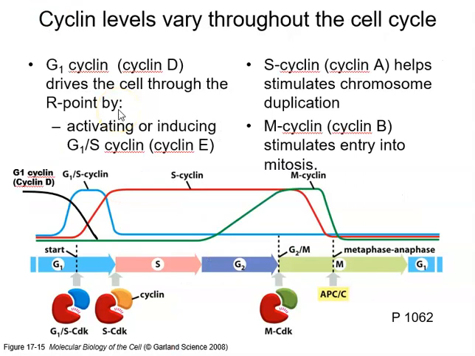The cell cycle is controlled by cyclins, and as I showed you on the previous slide, with growth factor signaling, cyclin D is switched on. So at the start of cell cycle, like here, cyclin D is off.